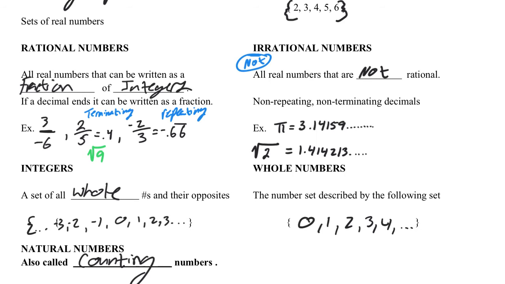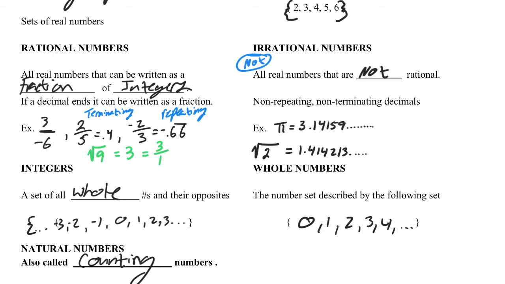If you're really good with your perfect squares, or if not, head to your calculator, we know 9 is really just 3 squared. Squaring and square rooting are inverse operations, so the square root of 9 is really just 3. Well, rational numbers need to be expressed as a fraction. Can I express 3 as a fraction? Absolutely. 3 over 1. So the square root of 9 is really a rational number.